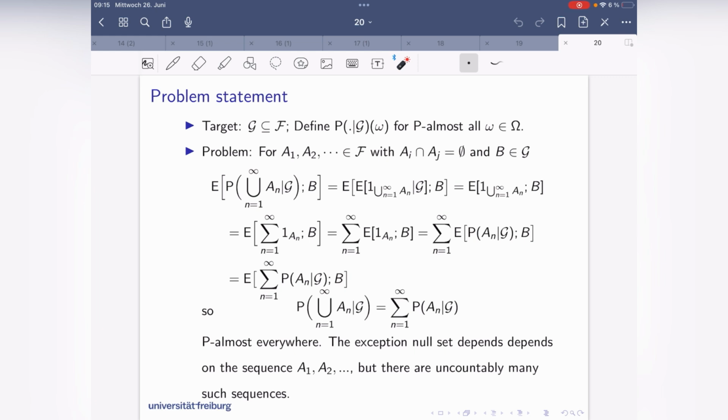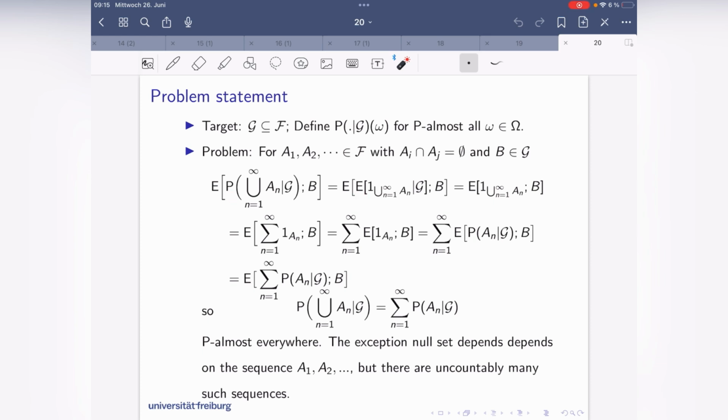So here's another version of this problem. Take a countable set of sets, A_i, A_j, all disjoint, and I would like to have that the probability of the union equals the sum of the probabilities. And you have this because the conditional probability of the union given G, you can write the probability as the expectation of the indicator.